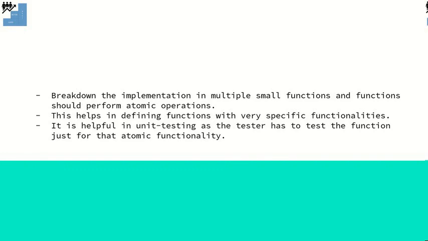If we implement everything in just one function, or a lot of things in one function, then it will be difficult to determine the behavior of the function, and writing test cases for it could be a little complicated.